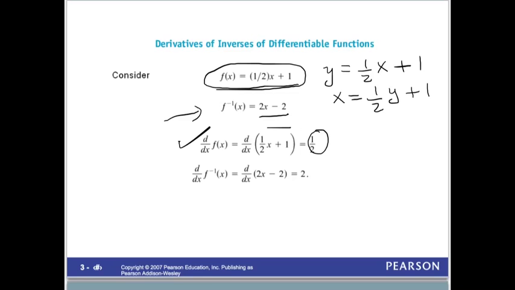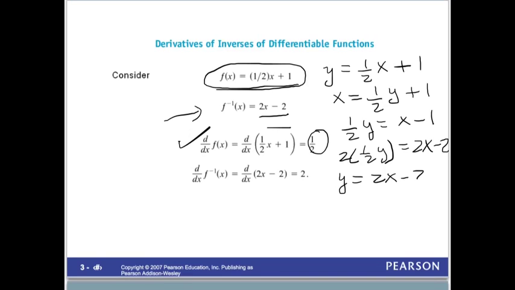And solving for y, we would now say that 1/2 y is equal to x minus 1, subtracting 1 from each side, and now multiply by 2, and 2 times 1/2 y equal 2x minus 2. And that shows that y is equal to 2x minus 2, and so indeed the inverse function is equal to 2x minus 2.